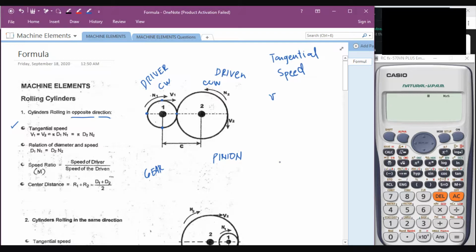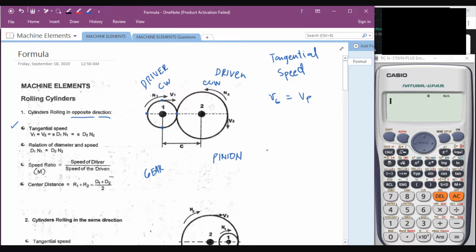And when two rolling cylinders in opposite direction come in contact, we can say that their tangential velocities are equal. Equal yan, constant. So, gaano man kalaki or kaliit yung iyong driver or driven, their tangential speed will always be constant.